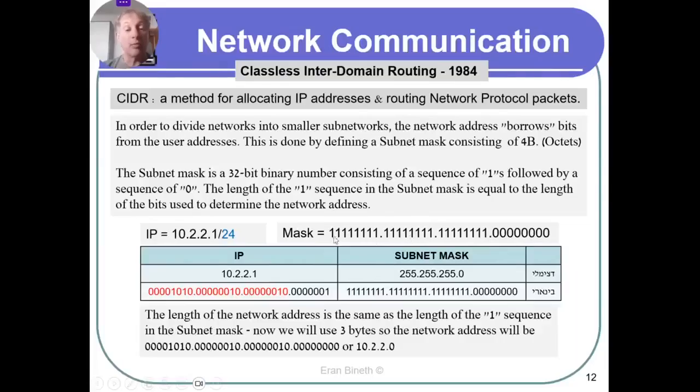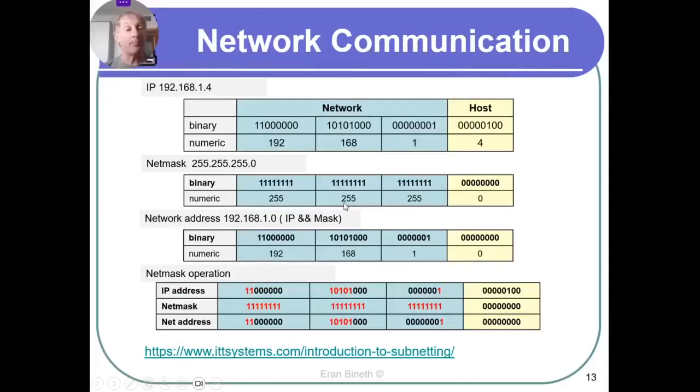We could not set 8 ones, then a 0, then 8 ones, etc. They have to be consecutive, so that 24 ones is a legitimate mask, specifying the left side as the network address and the right side as the host which is connected to that address.